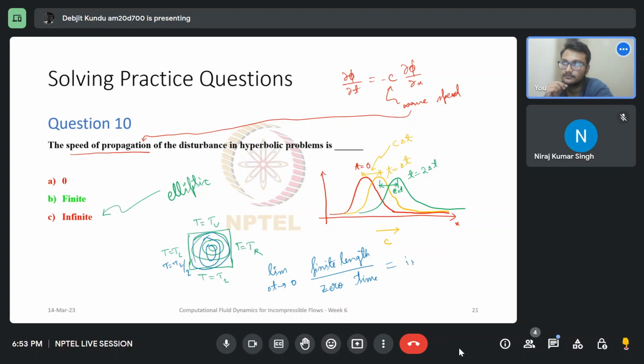Infinite speed, right? Does that make sense, is that clear? So in elliptic systems, the speed of propagation of disturbances is infinite, whereas in parabolic as well as hyperbolic systems, these are finite. Okay, does that make things clear?